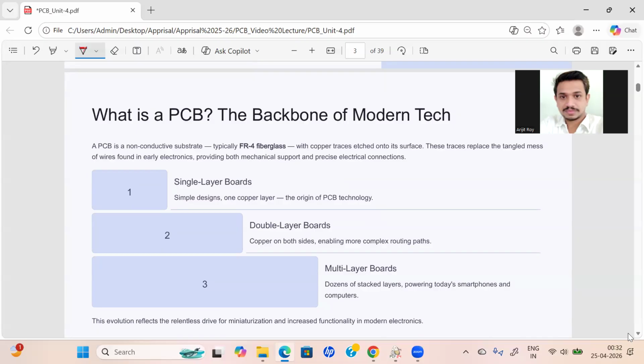If I classify the PCB, there are two types of classification available. Here I write classification.